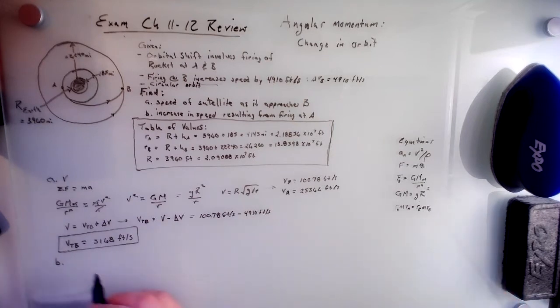So let's do it. So we say RA M VA equals RB M VB. And here we're talking about the transfer. So I'm just going to put a T there and a T there.